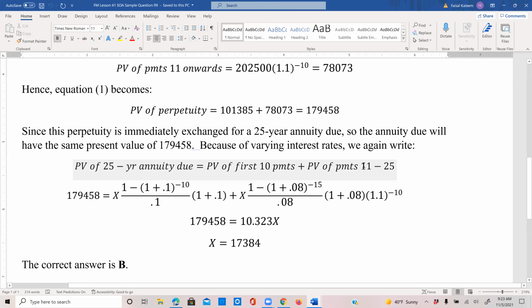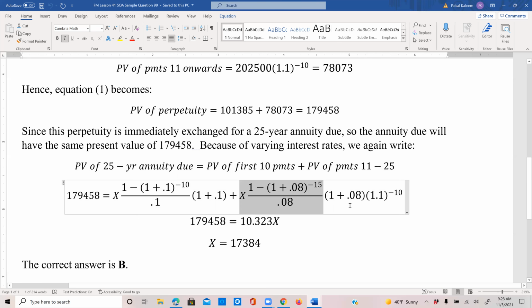Again, payment 11 happens at time 10, so the present value we get from the formula is at time 10. This whole thing is sitting at time 10. Then to push it back to time 0, we again use the interest rate of the first 10 years, because now we are moving between 10 and 0.